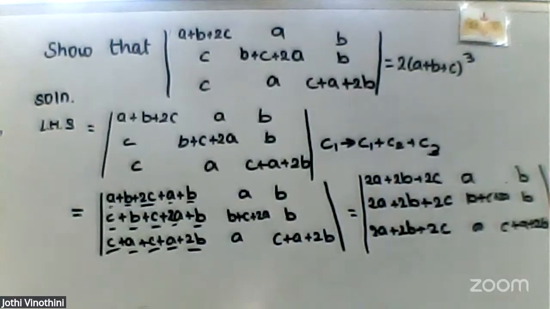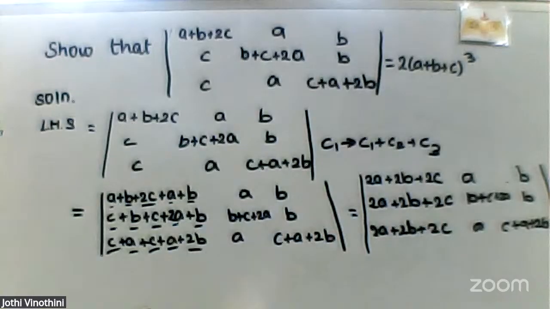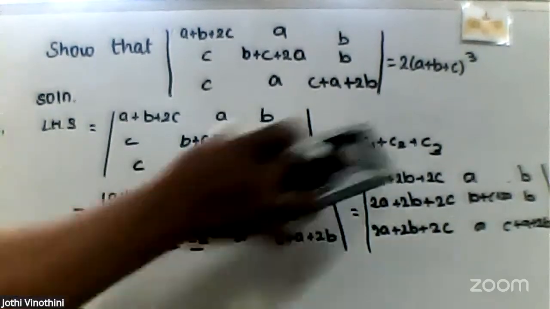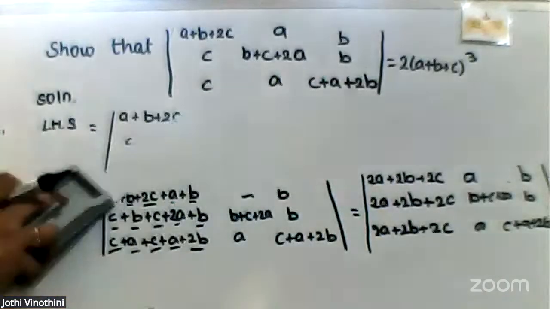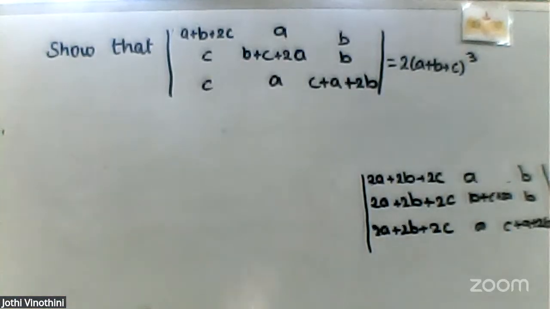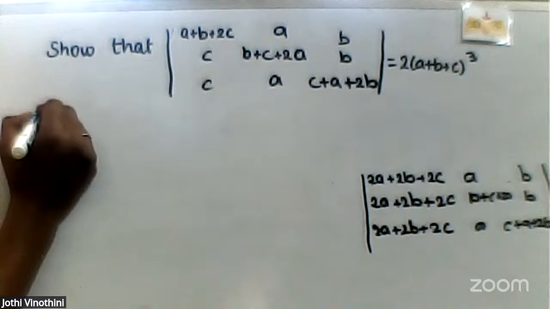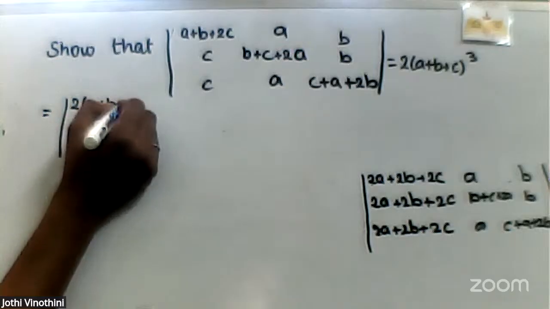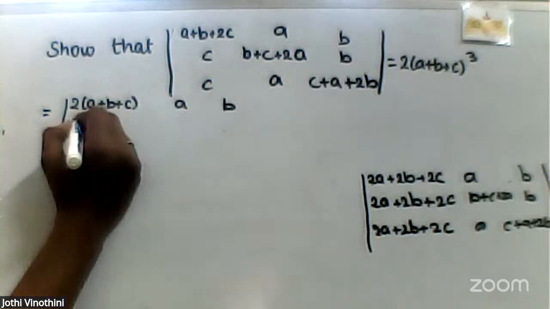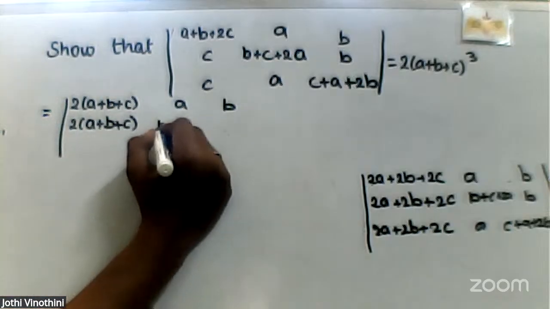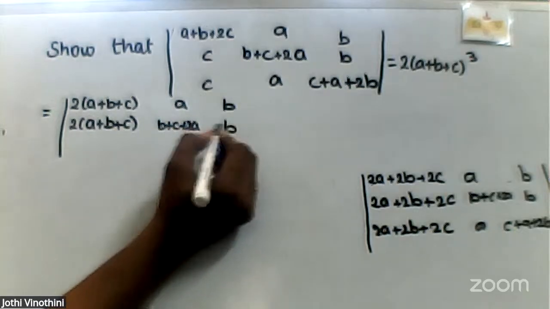Clear? See, in all the elements of column 1 we have 2, so I'm going to take that out. It becomes 2 multiplied by (a plus b plus c), and a and b. Here also 2 multiplied by (a plus b plus c), and here b plus c plus 2a and b.